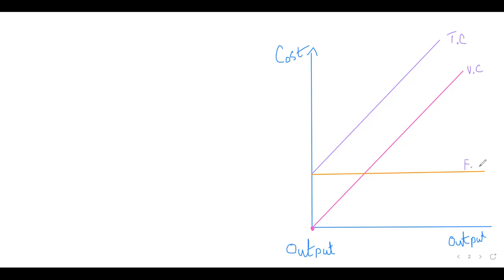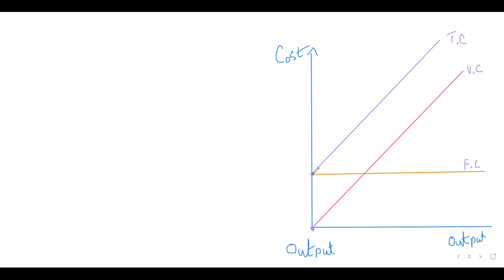Total cost will start from the point of fixed cost, and it will be parallel to your variable cost. Why so? Because think about it. Even when you're producing zero output, as in COVID when no one was producing food, say for a restaurant, you still had the contract with the landowner where your restaurant was located. That premise was rented out by the restaurant owner, who had to pay rent to the landlord. So rent was still there.